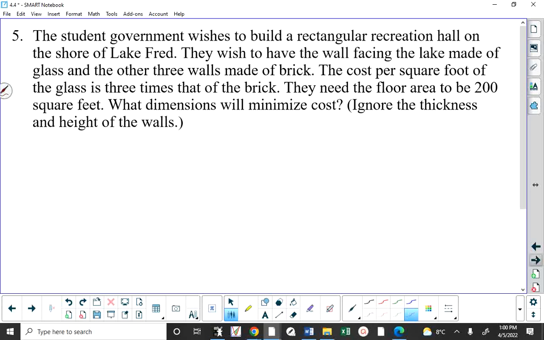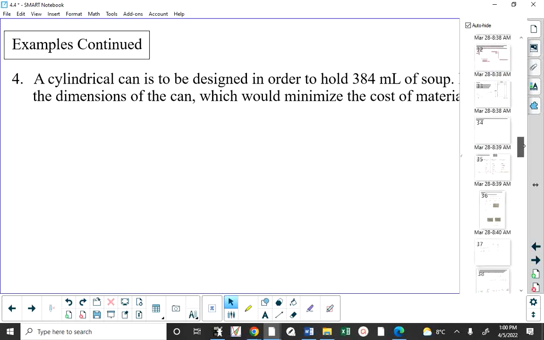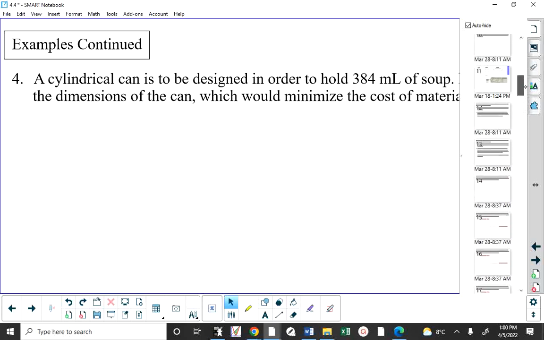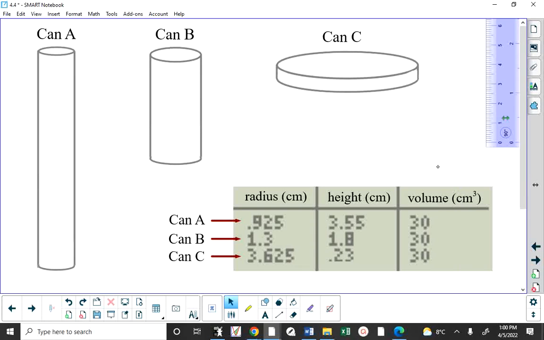I could make a can that was very, well, you know what? I have these diagrams because this is how we opened the lesson. The volume of these 3 cans is not 384, it's 30.